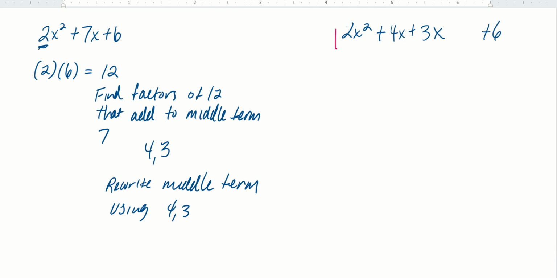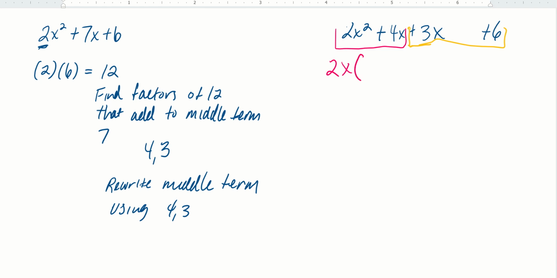I am going to group my first set and my last set of terms together. I'm going to factor out the common factor between the first two terms. You're always going to get x for the first two terms. And here the common factor is 2. Both of those are divisible by 2.